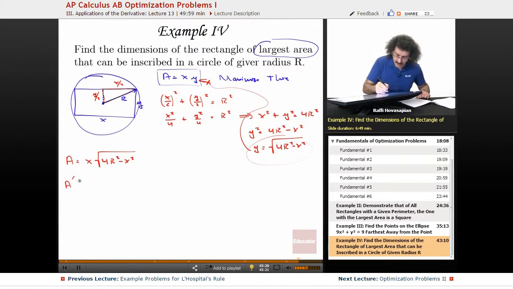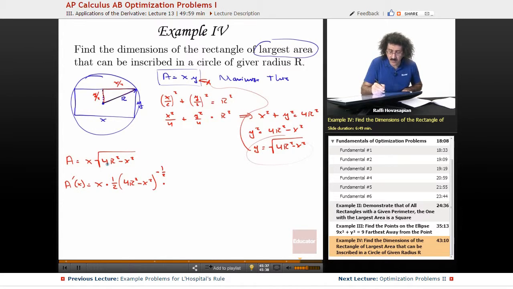Now I have a function of one variable. Take the derivative and set it equal to 0. So A prime of x is equal to this times the derivative of that. x times 1/2 of (4r squared minus x squared) to the negative 1/2 times the derivative of what's inside. 4r squared is just a constant. It's 0. So it's only minus 2x, plus that times the derivative of that.